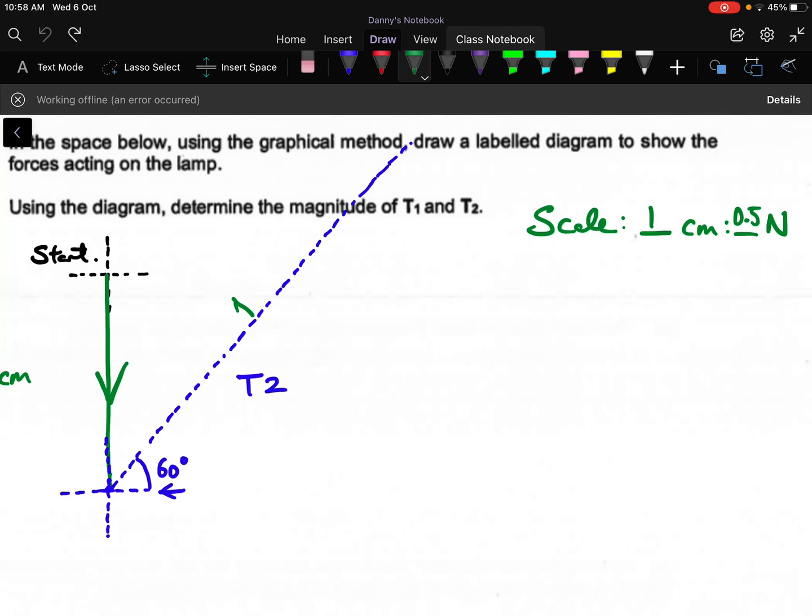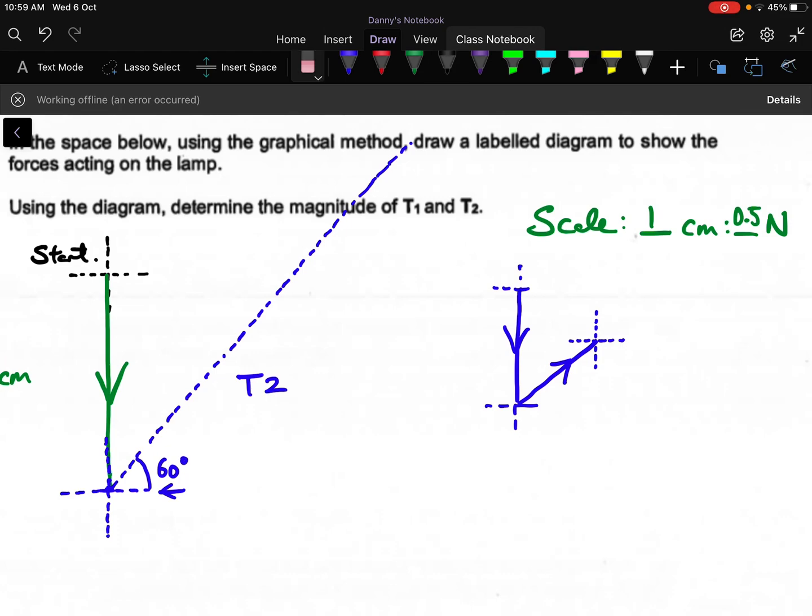I have to draw T1 from the end. Now, what do I mean? Normally when we draw a vector diagram, we draw the first vector, and after that we draw the second vector, and then if I know where the second vector ends, I will draw the last vector, right?